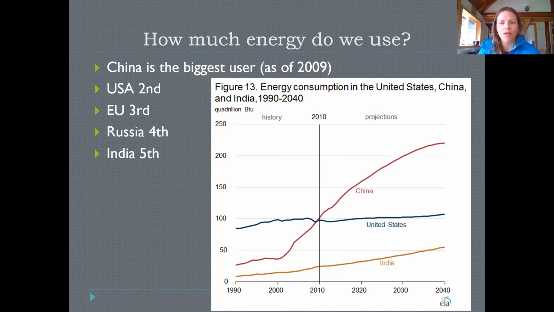And starting in 2009, China is a bigger energy user than the United States, but the United States is still huge. India and Russia are also big players. And then the EU as a unit is a big player as well. Each individual country in the EU, like Germany or France or Italy independently, is much smaller in terms of population and overall energy use, but as a unit, they are also accustomed to using quite a bit of energy.